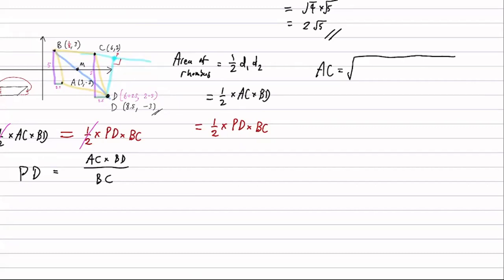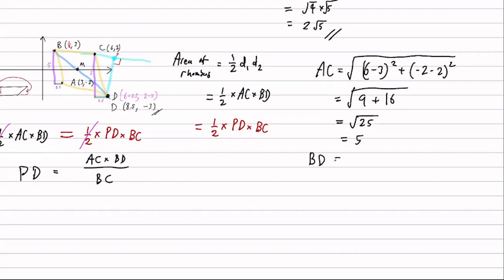AC, so x minus x square plus y minus y square. So 2 minus negative 2 minus 2 square. What do you get? You get 3 square 9, 2 square 4, 4 square 16. This is really just square root 25, which is just 5. That's AC. How about BD?